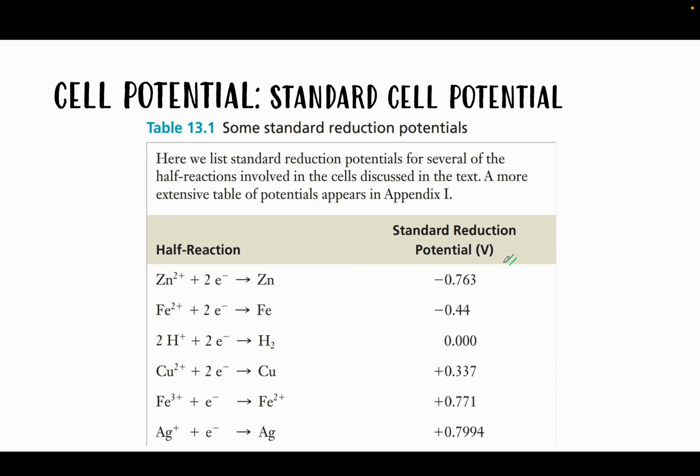If you're not given the table, then the value should be given. And if you notice, we have here the half reaction for reduction of hydrogen. Since it is the standard, we expect that the standard reduction potential is 0.